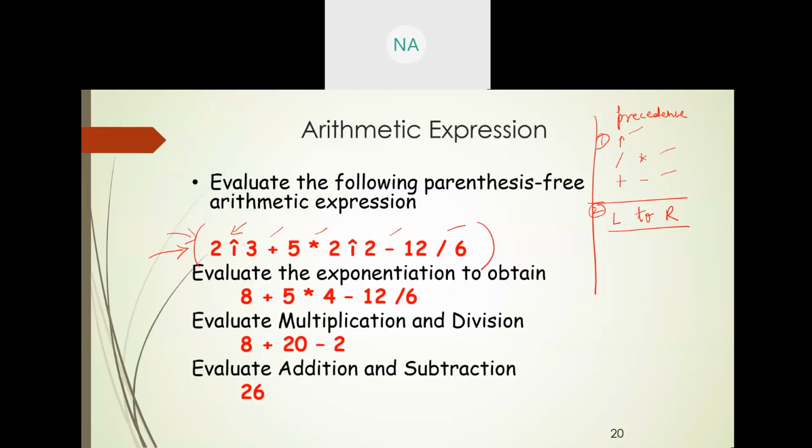For example, if this is written as 2 exponent 3 within brackets, plus 5 into 2 exponent 2, minus 12 divided by 6.